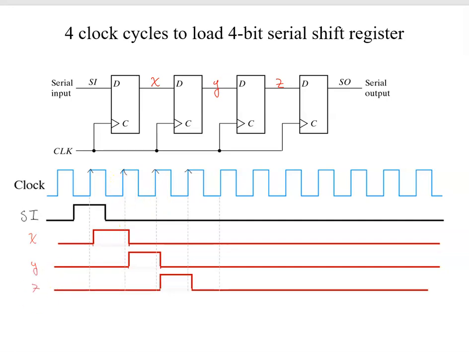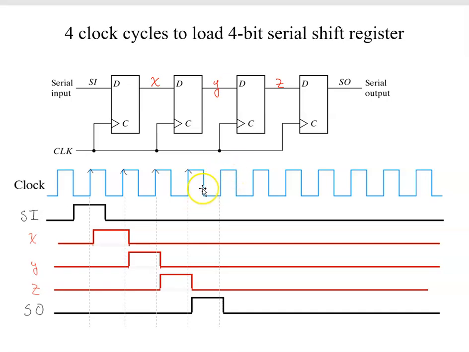That's our propagation delay. So on this clock edge, this third register samples Y being a 1, so with a little bit of propagation delay, Z becomes a 1. And then on the following clock edge, the fourth register samples Z being a 1, and serial out becomes a 1.